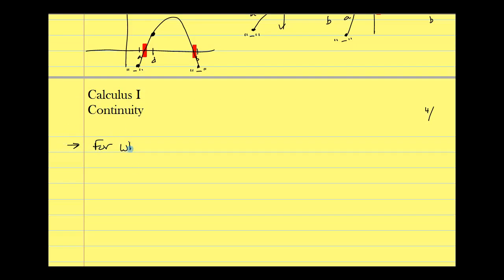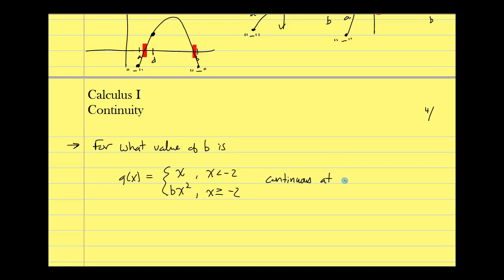For what value of b is the function g of x, which is a piecewise function, x for x less than -2 and bx squared for x greater than or equal to -2, continuous at every x? So that's the question. So I need to find b.